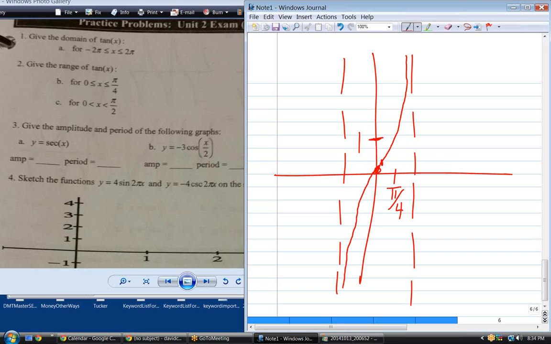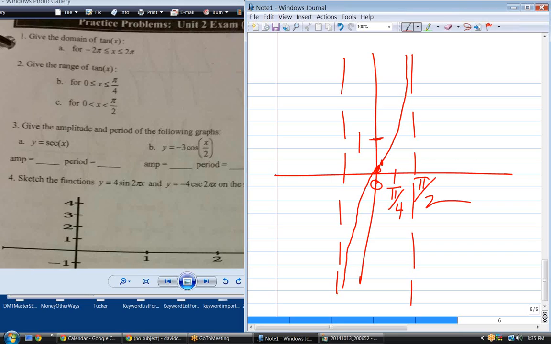Remember, when you're reading range, you're reading the y coordinate of that curve. So what's the range of tangent between 0 and pi over 2? Well, this one doesn't have less than or equal to. This one just has less than.